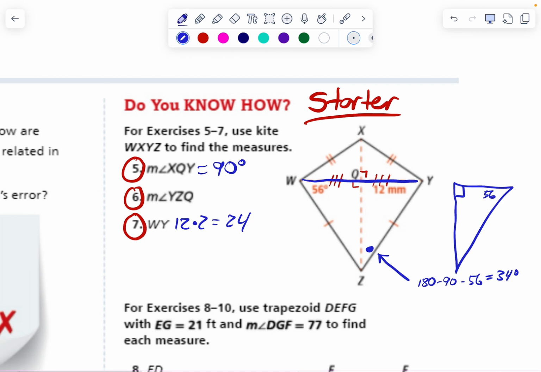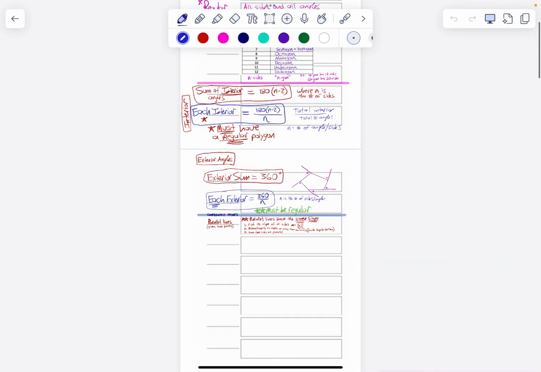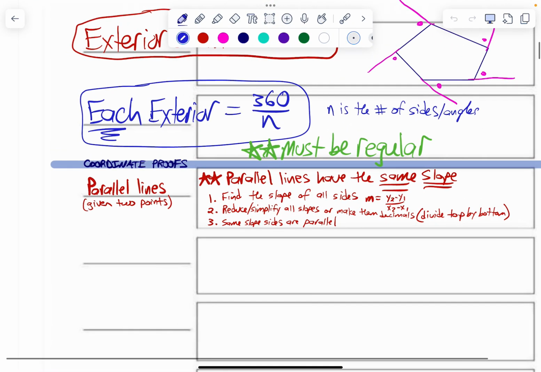Today we're going to start working on equations of parallel and hopefully perpendicular lines. So on your notes yesterday, go ahead and pull those out if you don't have it. I put this under the section coordinate proofs, but we will be writing equations as well, which isn't part of a coordinate proof, but it's good review.